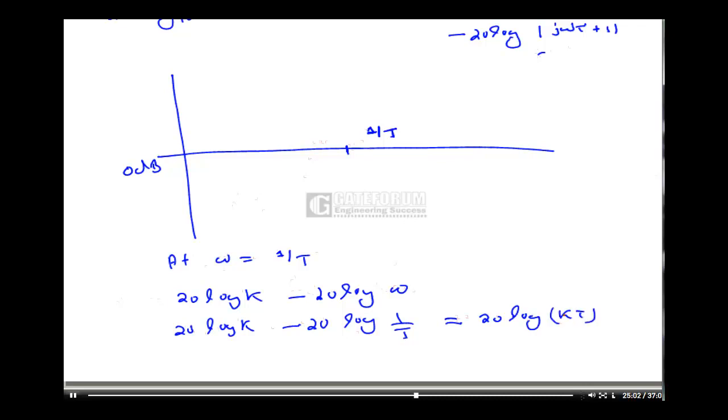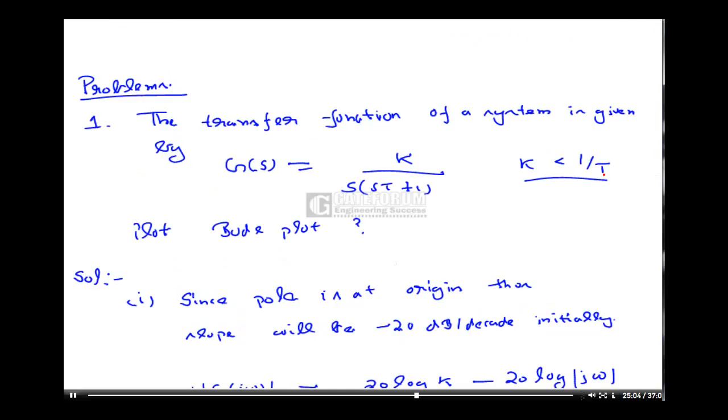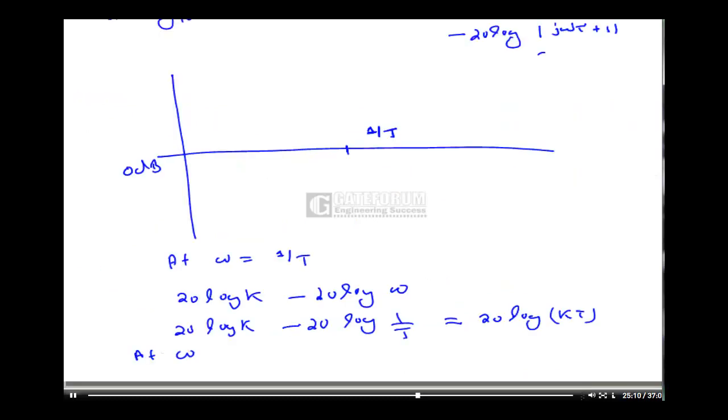Now initially one condition is given that K is lesser than 1 by T. This also means that KT is lesser than 1. That means at omega equal to 1 by T, 20 log KT is lesser than 0 dB.